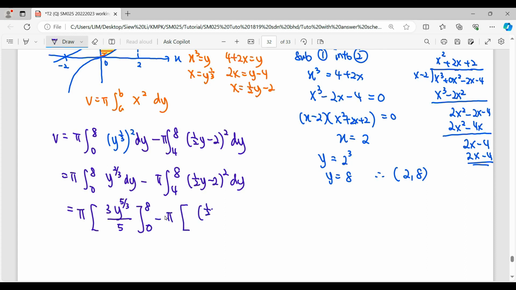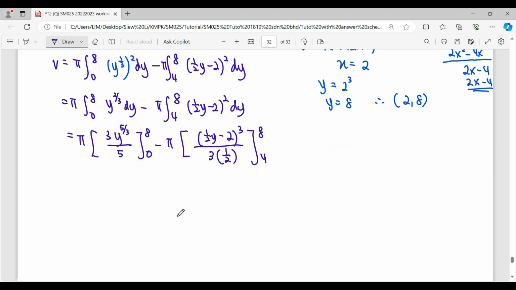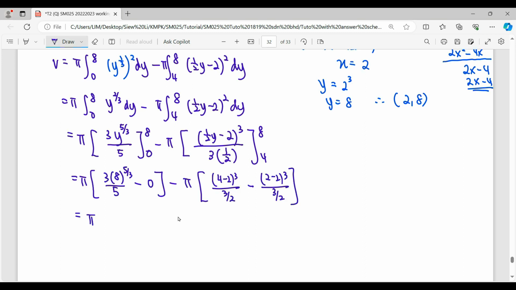Then for the bracket of y, we use formula number 3, power plus 1 over new power. Don't forget its coefficient, which is 1 over 2. Then we perform the step of upper limit minus lower limit. After that, for the rest, we can use a calculator to help us simplify.